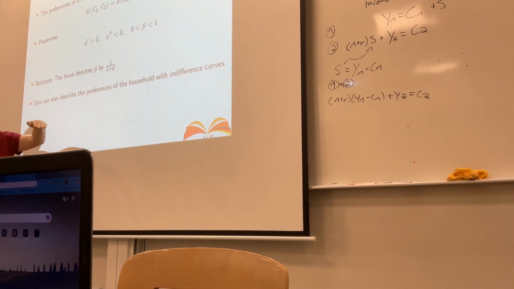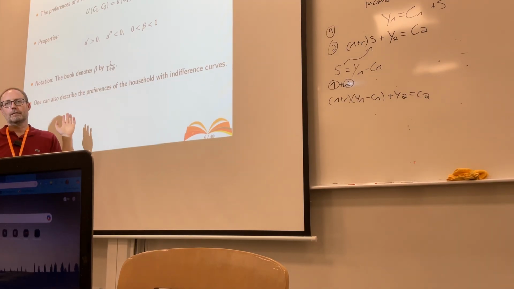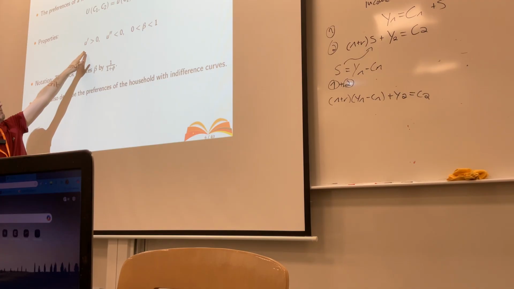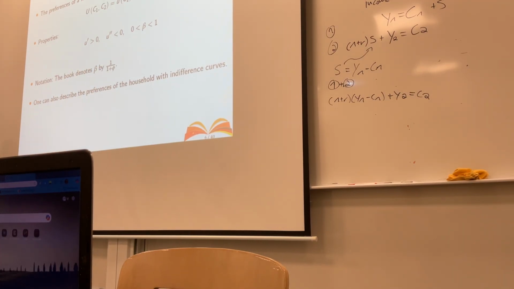We know mechanically this is good for maximization problems. This tells us that we have positive but decreasing marginal utility from consumption. So what does this mean? This means each unit of consumption that I have makes me happier, but it makes me less additionally happy than the unit that came before.